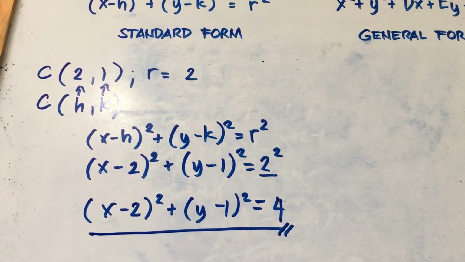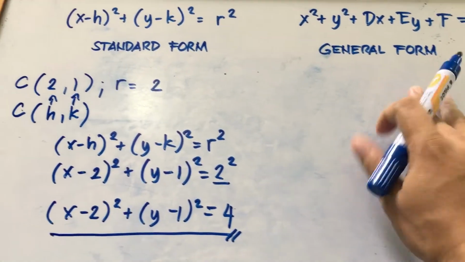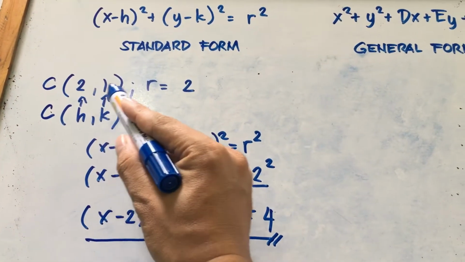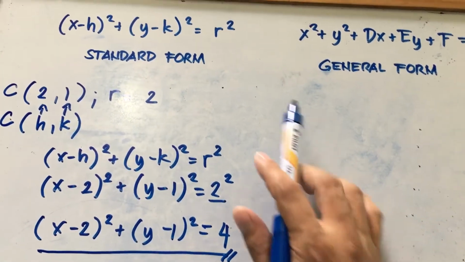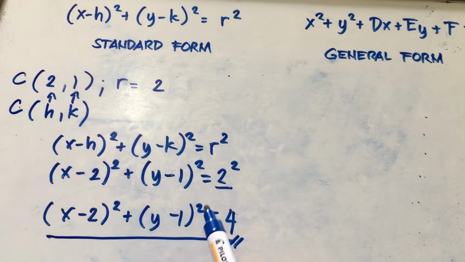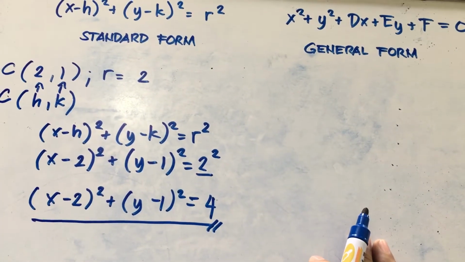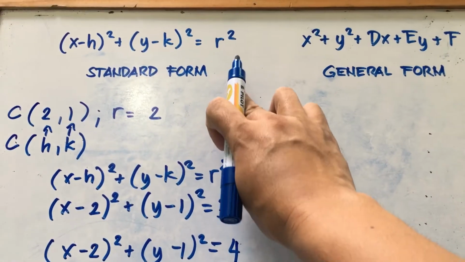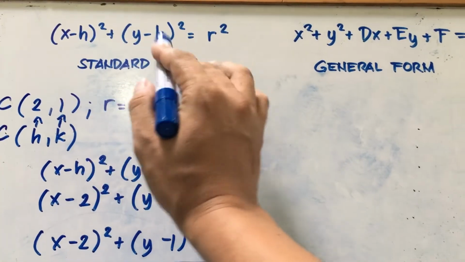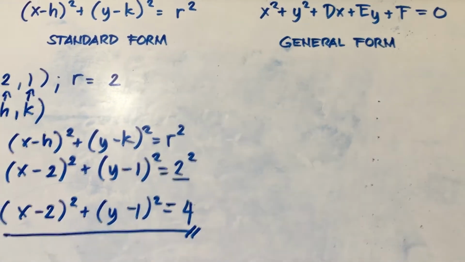Now, if you're asked to find the general form of the circle, given the center (2, 1) and radius equal to 2, we need to look first into the standard form, and then we go directly to the general form. Because the general form is actually the simplified form of the standard form. If you simplify everything, you will arrive at this kind of equation.